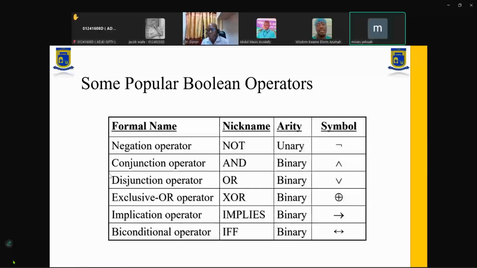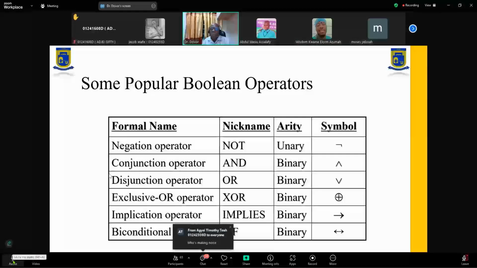I hope that is clear. So the implication statement: if the first statement, then the second statement. If then, okay. But if you see a statement like "if and only if Gifty comes to campus, then Gifty will see me", that statement is different from "if Gifty comes to campus, Gifty will see me". I hope you understand the logic.